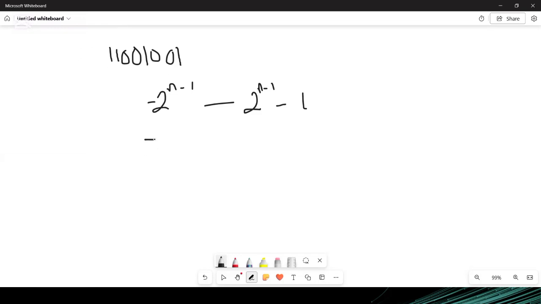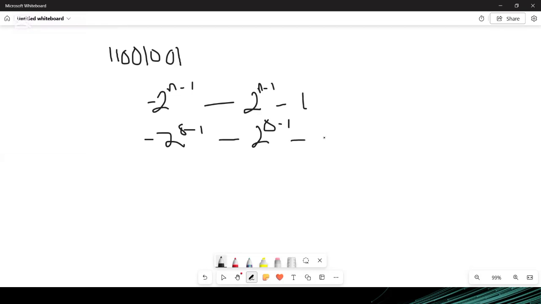So we say minus 2 raised to the power 8 minus 1 down to 2 raised to the power 8 minus 1.